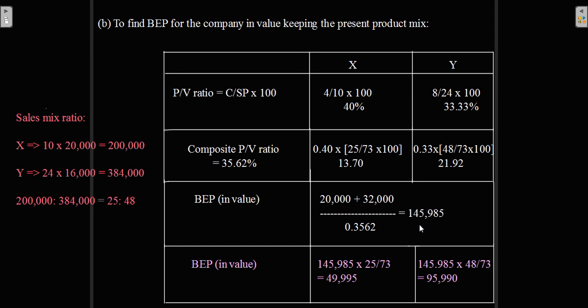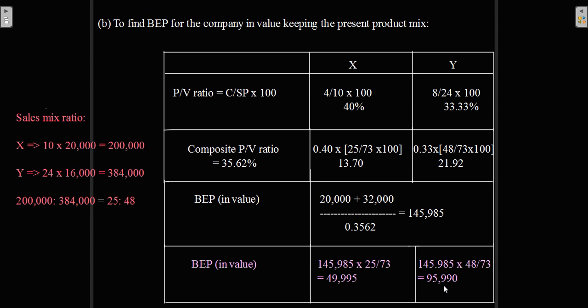You get the composite break-even point, which is 1,45,985. If you want to identify how much each component has contributed to this composite break-even point, you can simply multiply it by the ratio 25 by 73 and 48 by 73. You will be able to find out of 1,45,985 rupees how much each component is contributing.